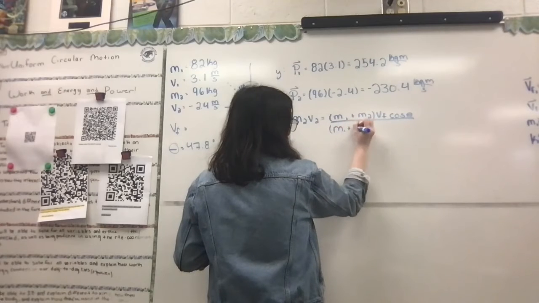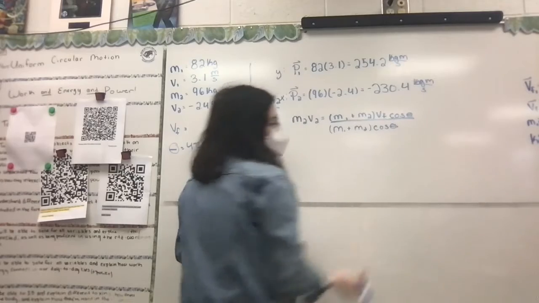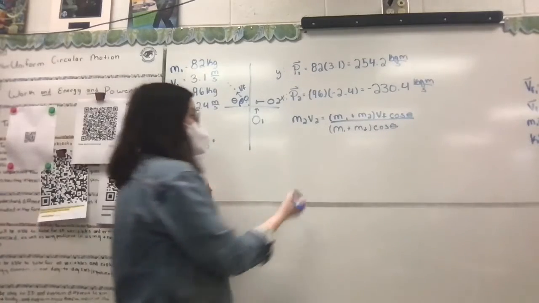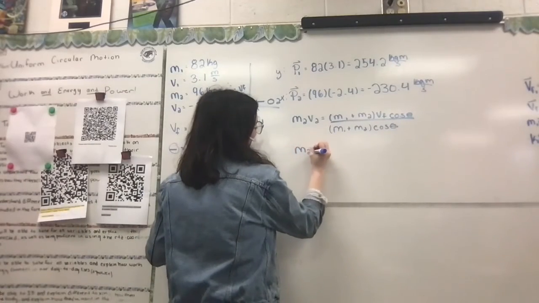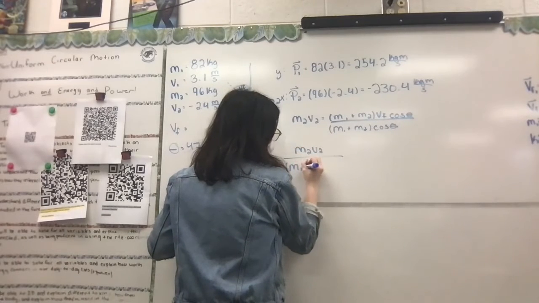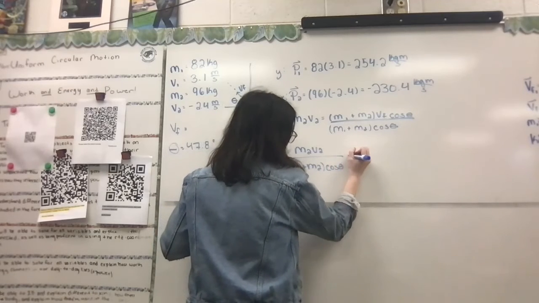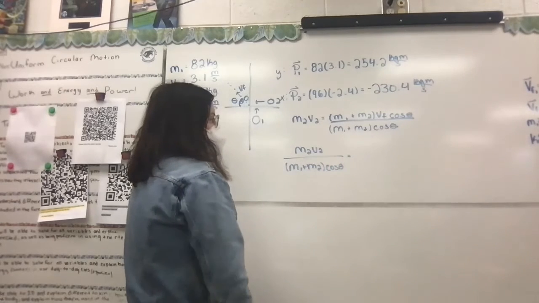Yeah, we're going to divide by m1 plus m2 cosine of theta on both sides. So we end up with m2 v2 divided by m1 plus m2 cosine of theta, which, can you guys plug that in?